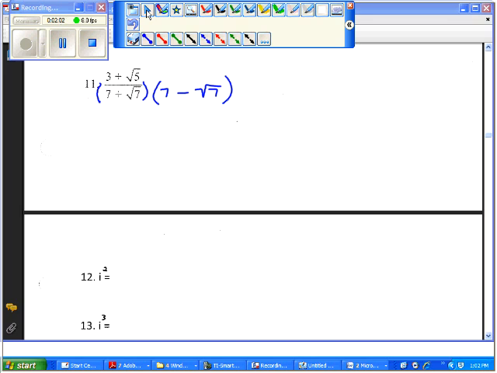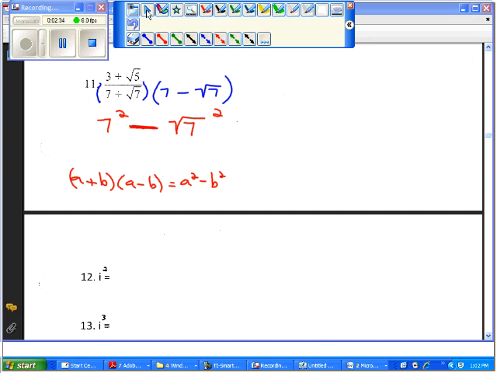The difference between the 2 items squared. The difference between 2 squares. Remember that? Here's what the formula looks like. A plus B times A minus B is equal to A squared minus B squared. When you multiply binomial conjugates, the result is the difference between 2 squares.